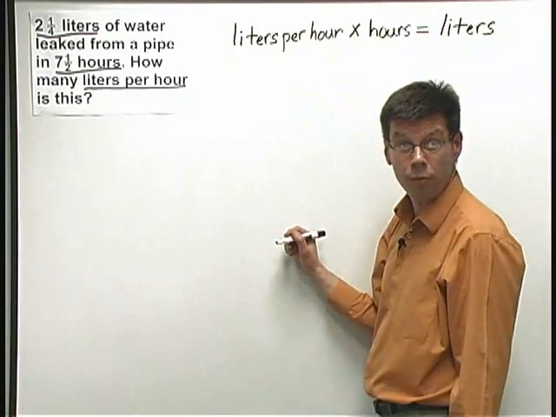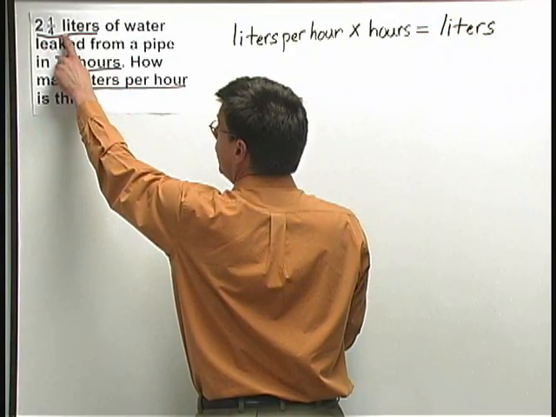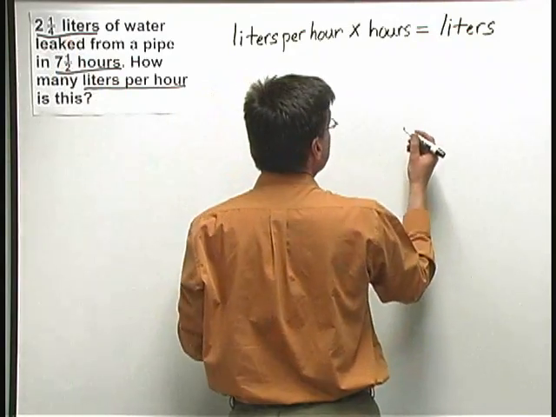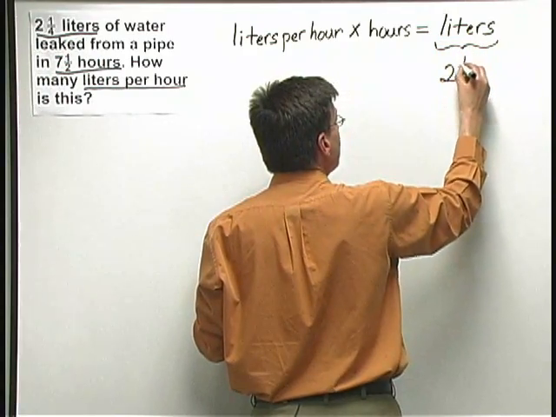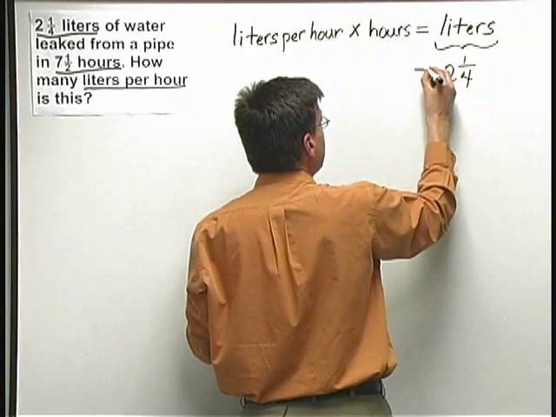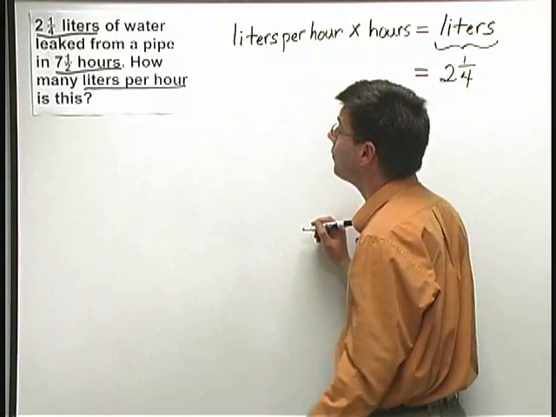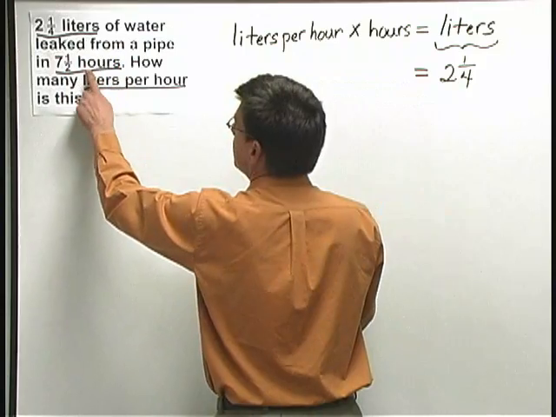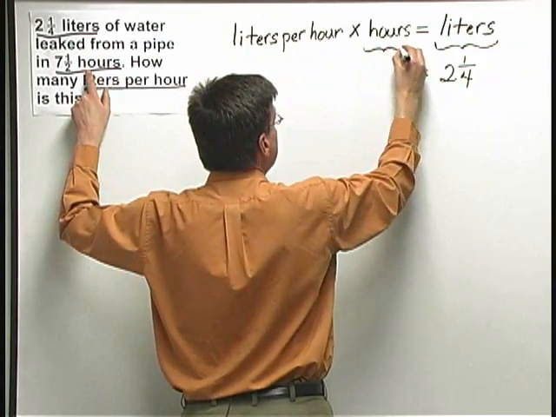Now in our word problem, what do we know? We know that we have 2 1/4 liters. The 2 1/4 goes right here to the right of the equal sign. That's how many liters are involved. 7 1/2 hours, that goes right here.